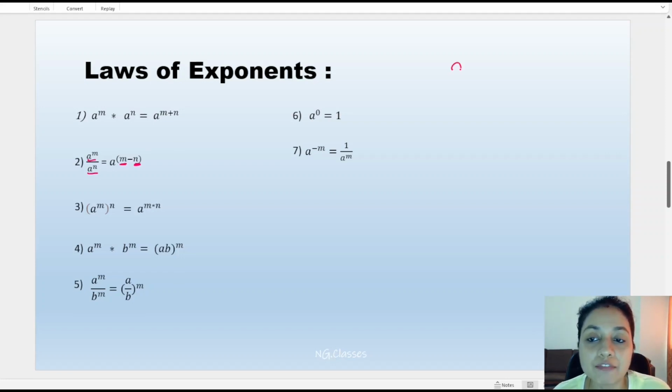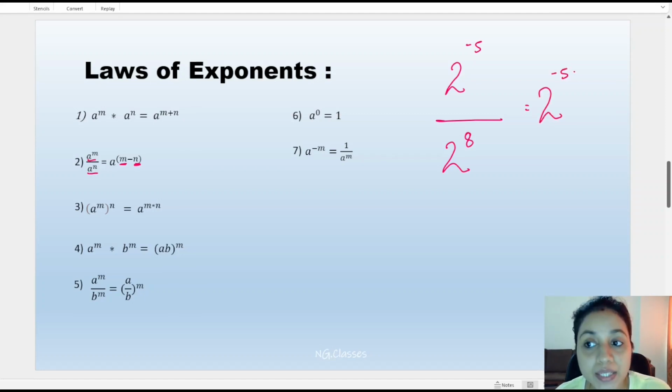So if we are having 2 to the power negative 5 divided by 2 to the power 8, we will do the subtraction, numerator's power minus denominator's power, and the result will be 2 to the power minus 13.